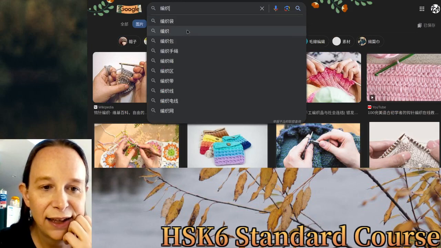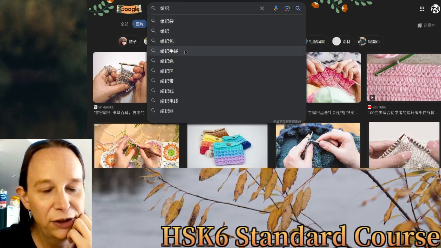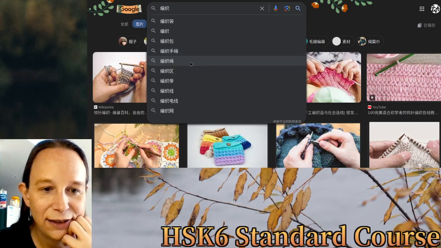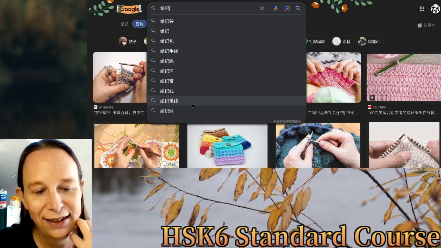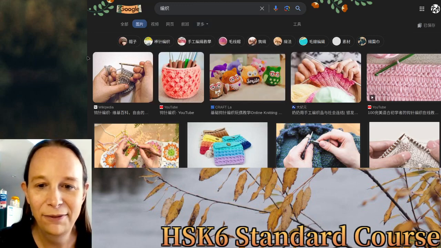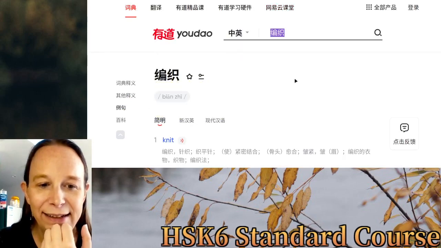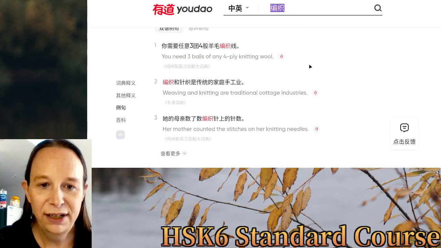编织带. 编织手绳. What is 手绳? Hand rope? I don't know. 变现 weave. I don't know. What things can be weaved or knitted? 编织线.